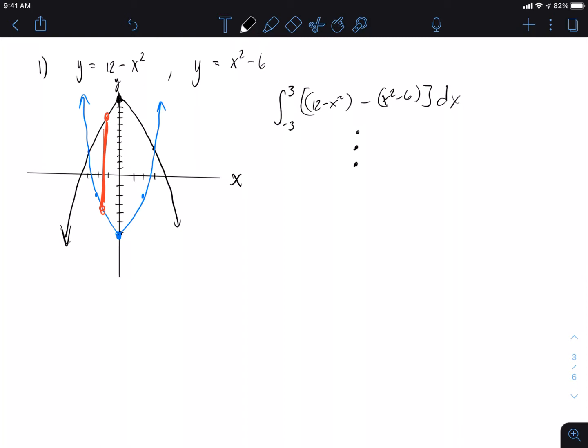Now, you guys are becoming professionals, right? The area should be 72 units squared. Do you guys agree? Yeah. Any questions?